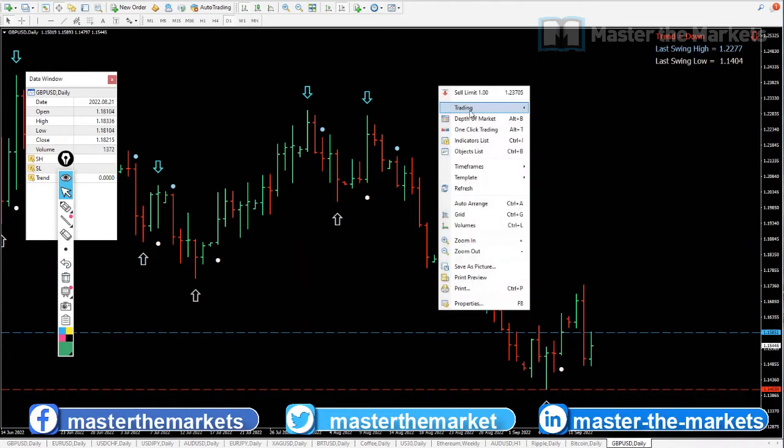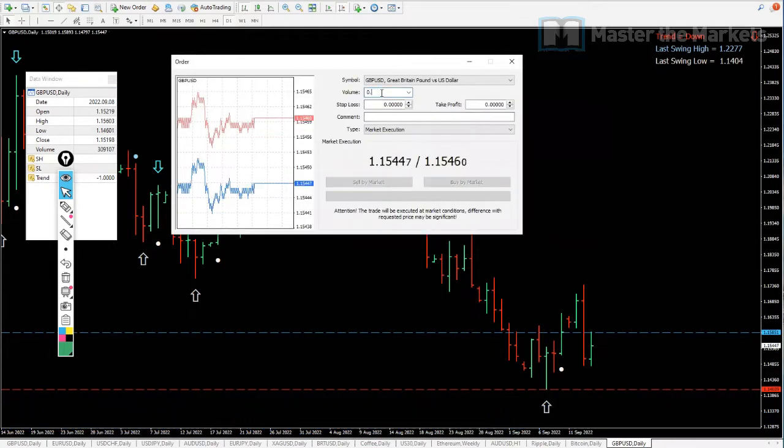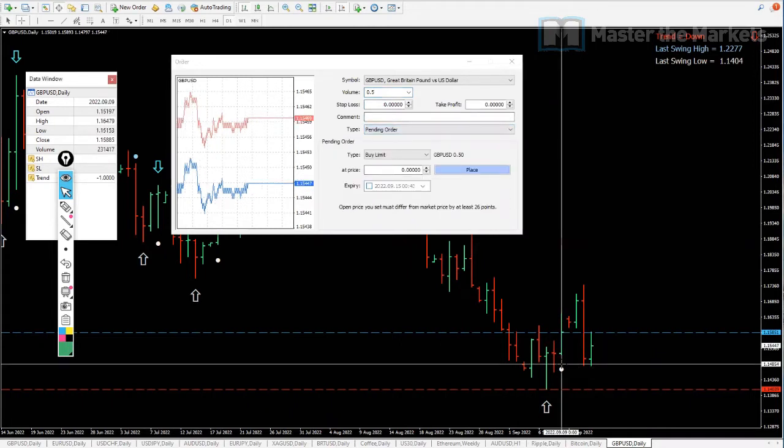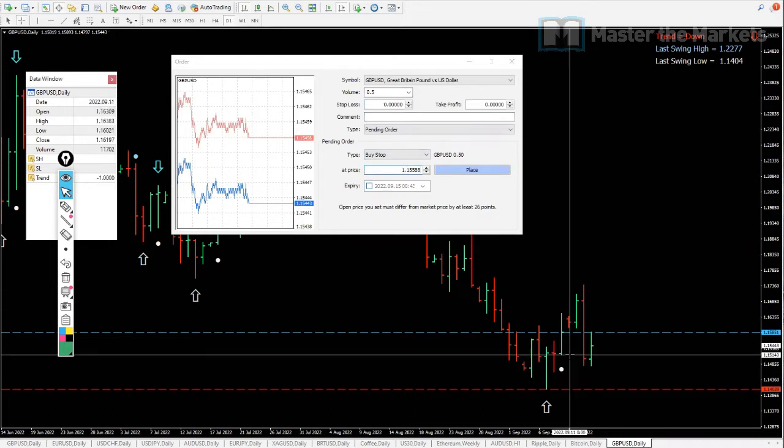Let me just show you how we actually place the trade over here. So over here, I just reduce it to 0.5. There'll be a pending order here, and we'll be looking at the order to come in at the close price of 1.1588. So I'll put a buy stop here. Let me just quickly check that.